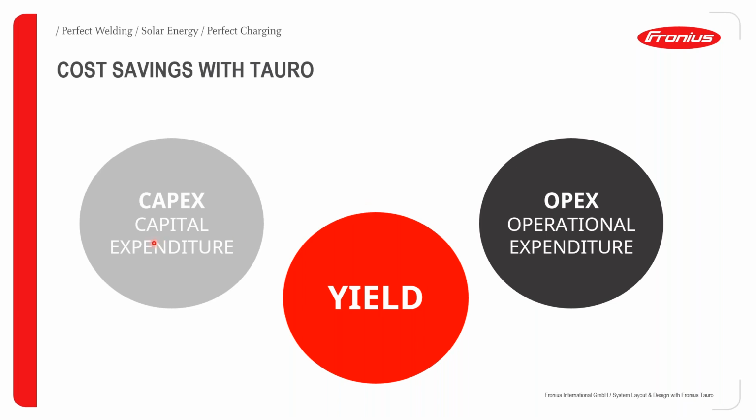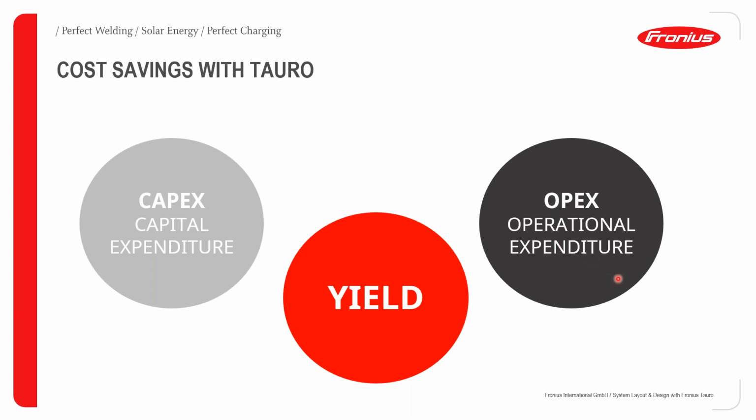When it comes to CAPEX, as you will see in the next few slides, with the Fronius Tauro, by choosing a specific version of a Tauro, you can basically not need, for example, AC combiners, DC combiners, fuses, etc. So again, you can really customize your Tauro for your project in order to cut down on any other CAPEX expenditures.